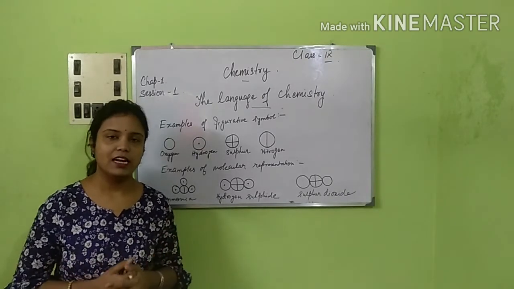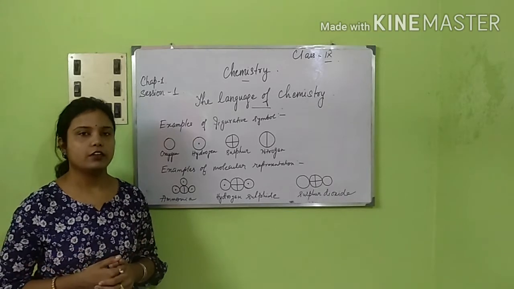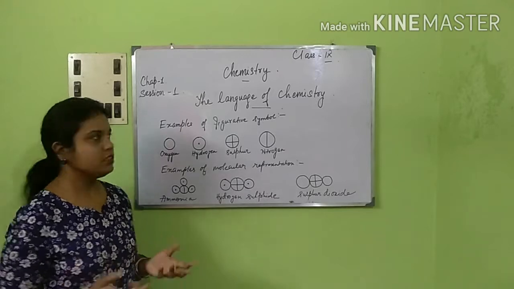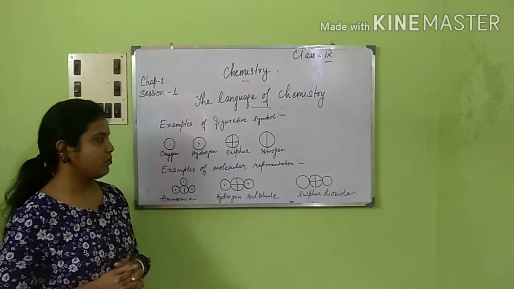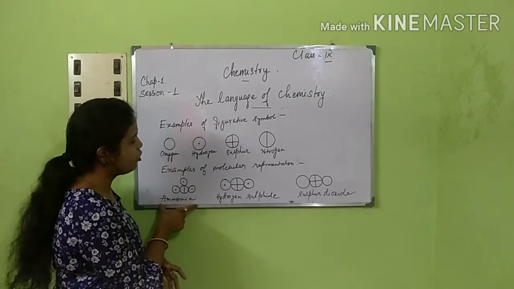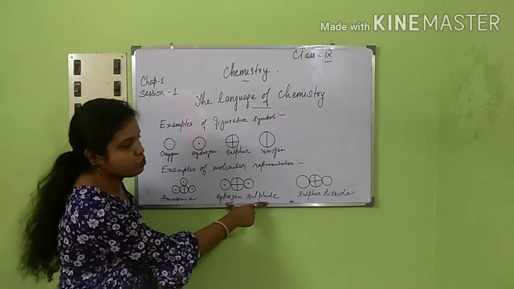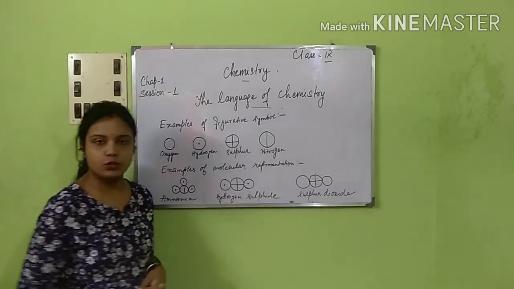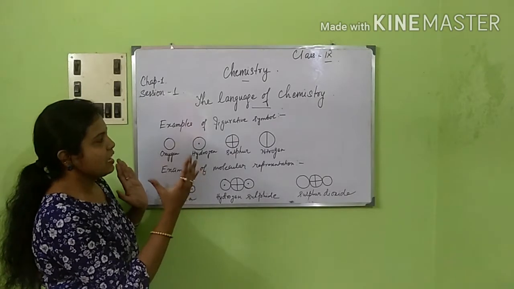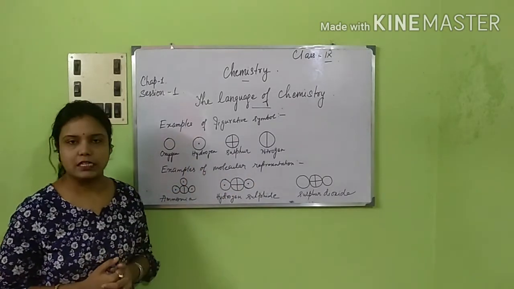The first thing that came in John Dalton's thought was, why not name the elements with these figurative symbols or molecular representations. These are some of the compounds: ammonia is NH3, hydrogen sulfide is H2S, sulfur dioxide is SO2. So he thought of giving elements these types of symbols or representations.